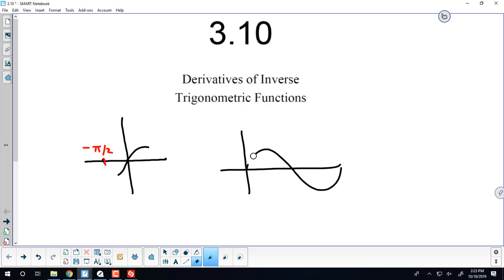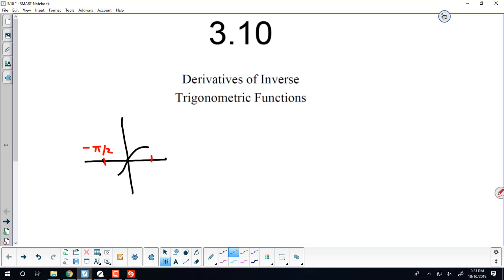Why not choose this other part of sine so that it's 1-to-1? That's totally doable. It's just the more universally agreed upon way to define those. So for the sine function, we restrict its domain from -pi/2 to pi/2, and the range was still from -1 to 1. So that's the sine function.